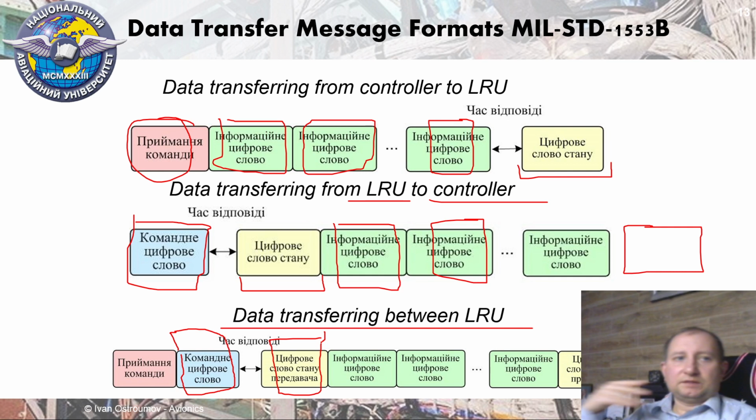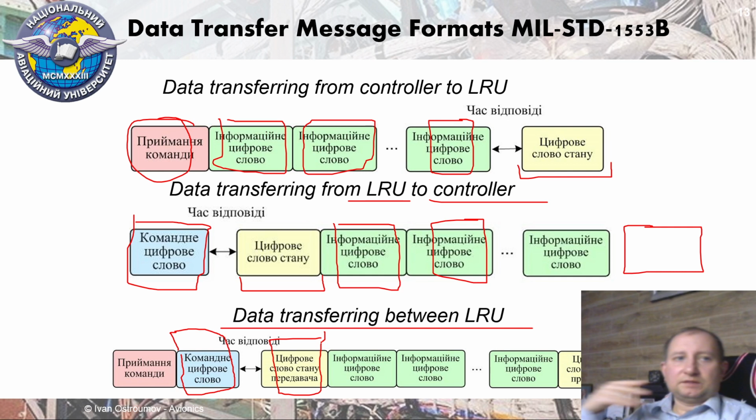The amount of these data words can be different. And then at the end, the LRU which receives the information has to specify a status word that transmission was successful.